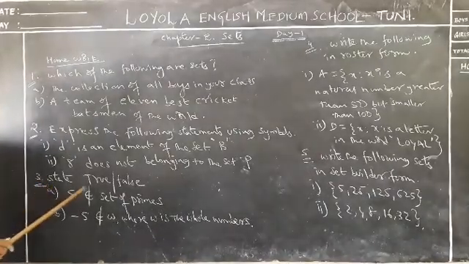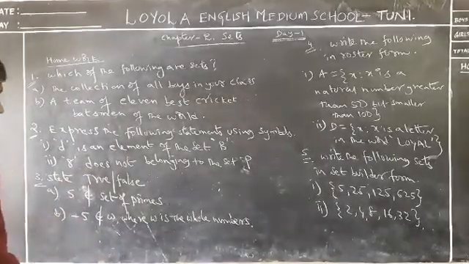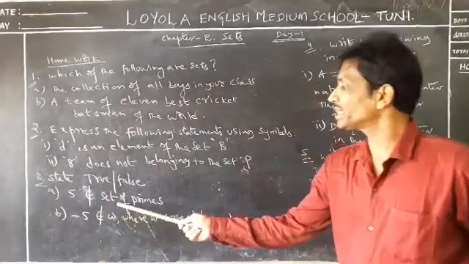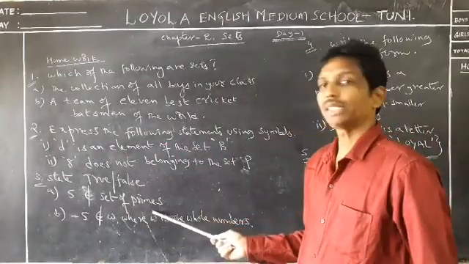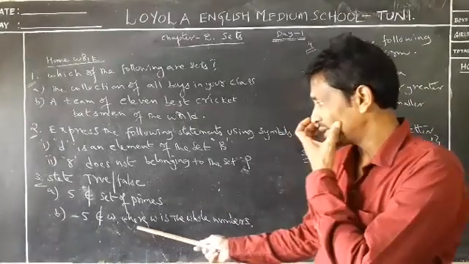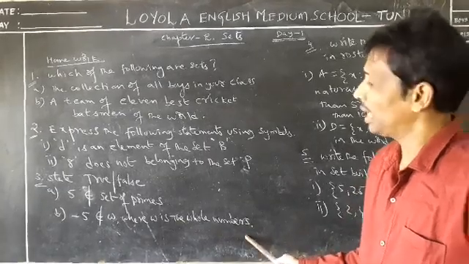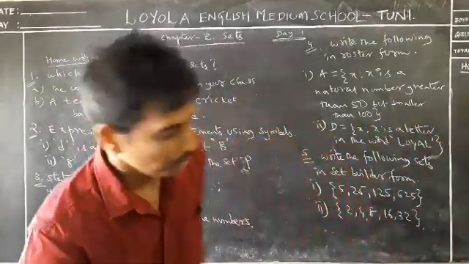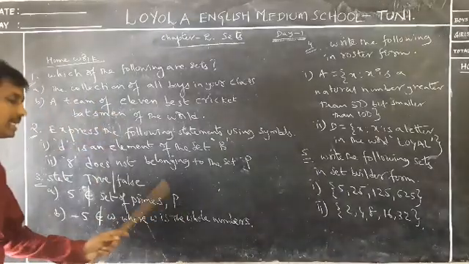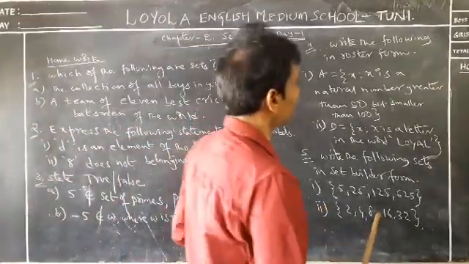Third question, we are asking you to write whether the given statements are true or false. First one is 5 does not belong to the set of primes. Minus 5 belongs to W, where W is the whole numbers. You may consider prime numbers as the set P. Consider which is true or false.